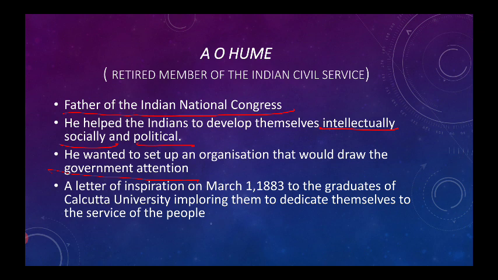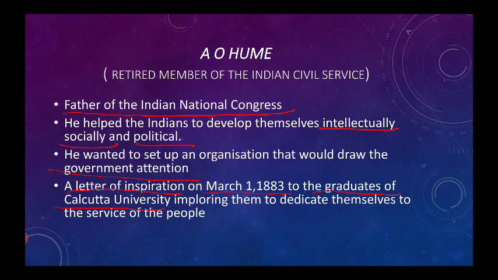And on March 1st, 1883, he wrote a letter to the graduates, the youth of Calcutta University, requesting them to dedicate themselves to the service of the people. He told them that the youth are the ones who can fight better. I know youth is sometimes impulsive.